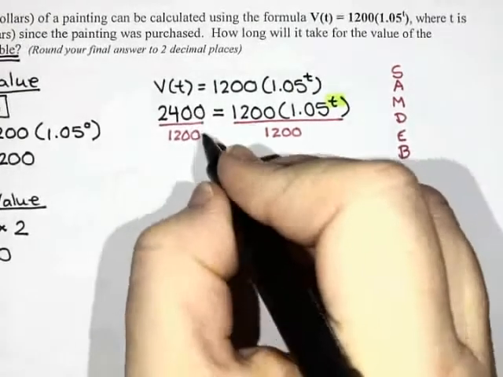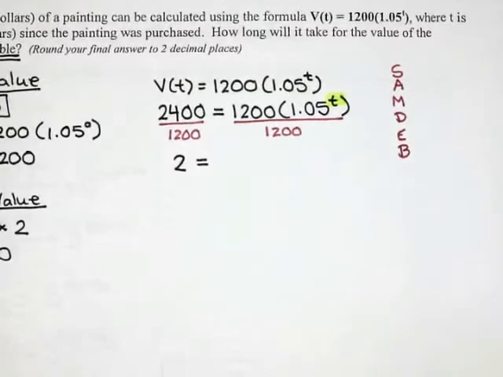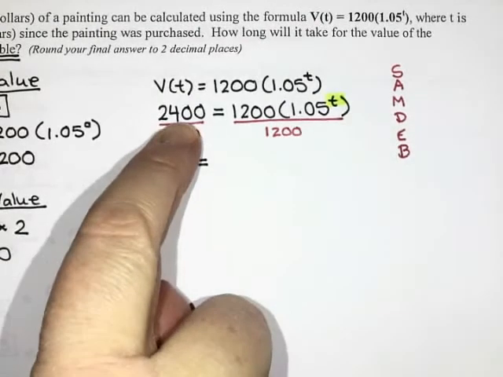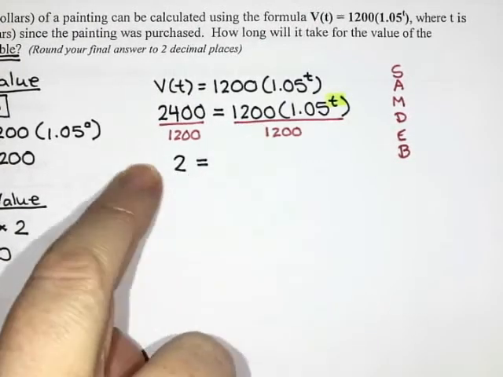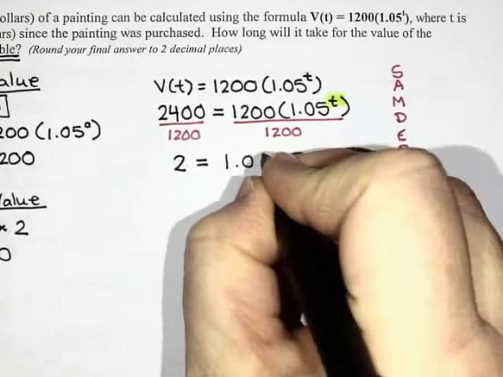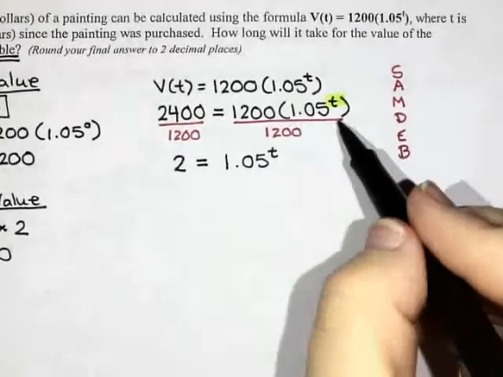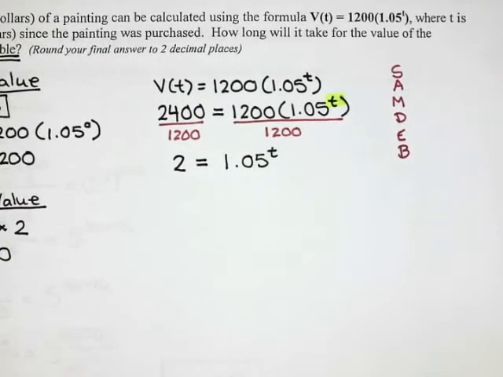So 2,400 divided by 1,200 is 2, right? It was double the starting value. So when you divide the double value by the starting value, it should end up being a 2. And that is 1.05 to the power of t. I don't need the bracket anymore. The bracket was just there to show multiplication.